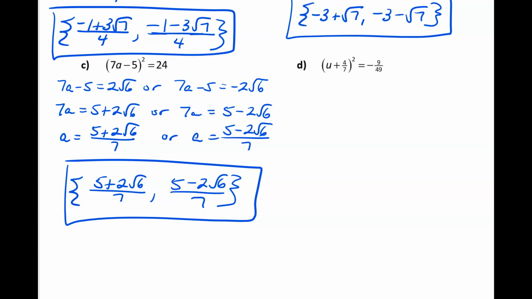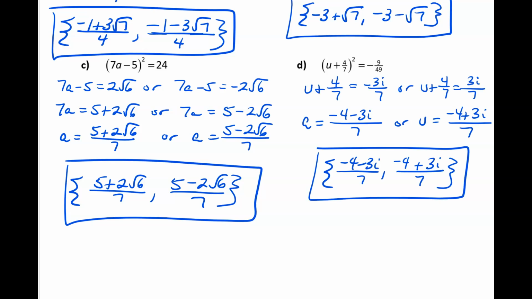And in the second solution, 5 minus 2 root 6 over 7. All right, next try D. And this last one had, again, these conjugate pairs of solutions, negative 4 minus 3i over 7 and negative 4 plus 3i over 7. Well, that's it for this part.